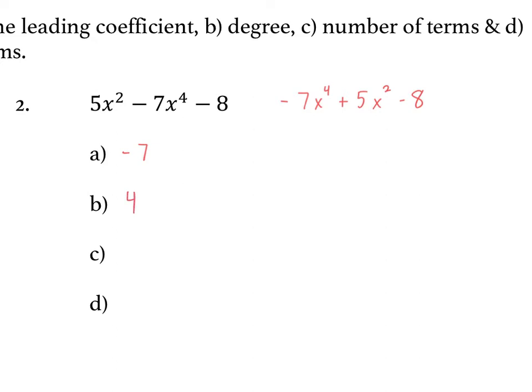The number of terms, 1, 2, 3. The degree is 4, so the name for something with degree 4 is a quartic. And the number of terms is 3, so it's a trinomial. So, quartic trinomial.